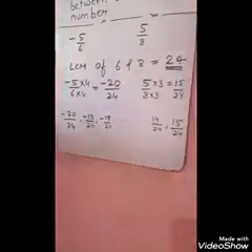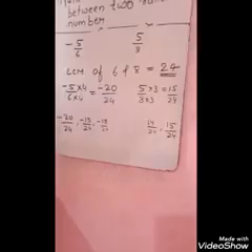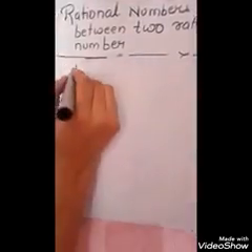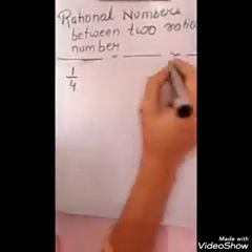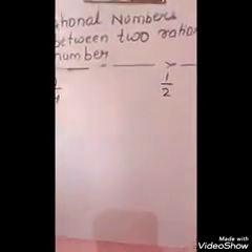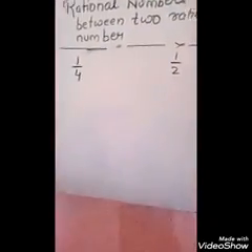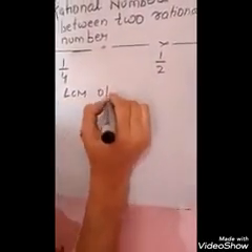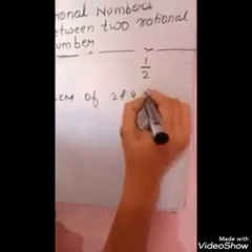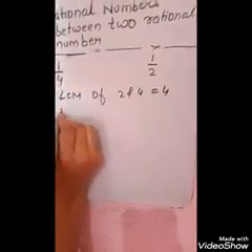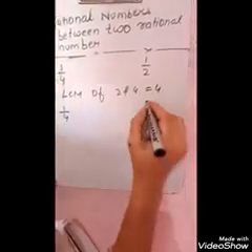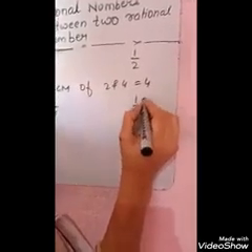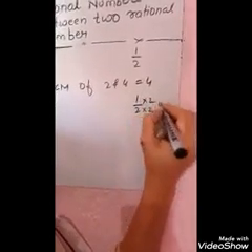Now sometimes questions are like this. Sometimes we have a question like 1 by 4 and 1 by 2, between which we cannot get so many rational numbers directly. Just try to solve it. LCM of 2 and 4 is 4, right? So 1 by 4 will remain 1 by 4, and 1 by 2 will become 2 by 4.